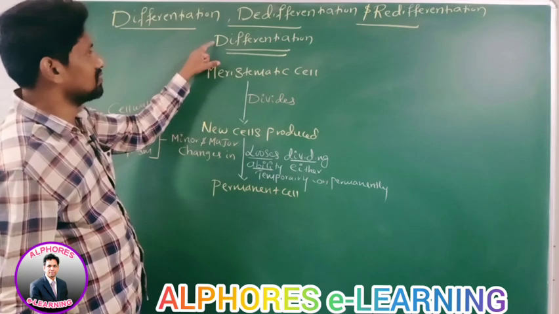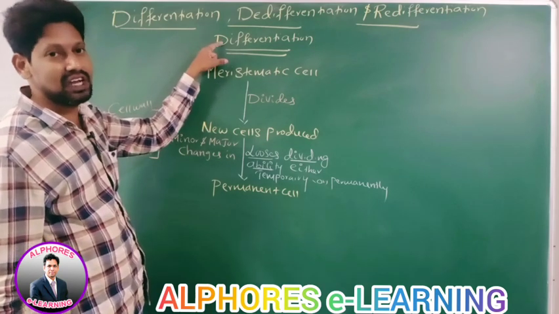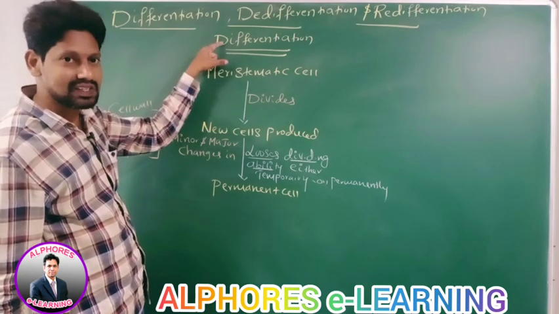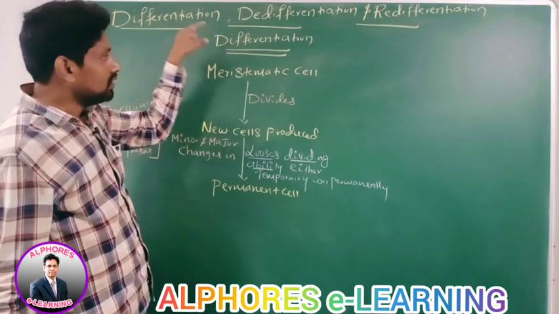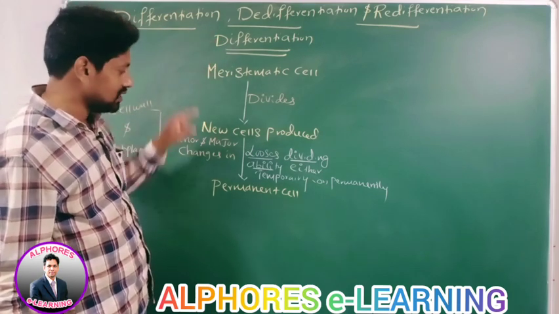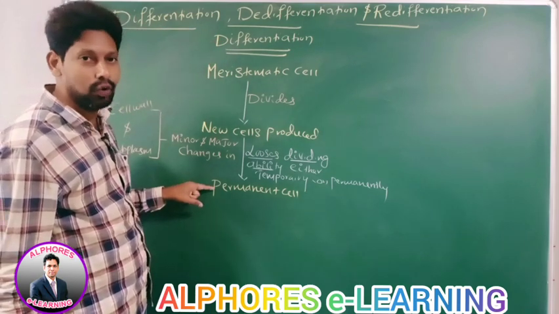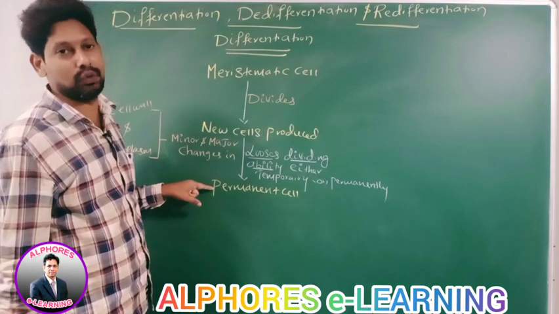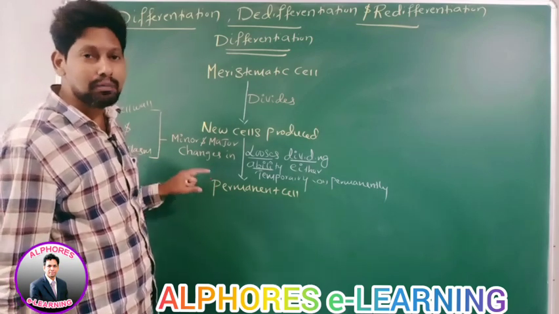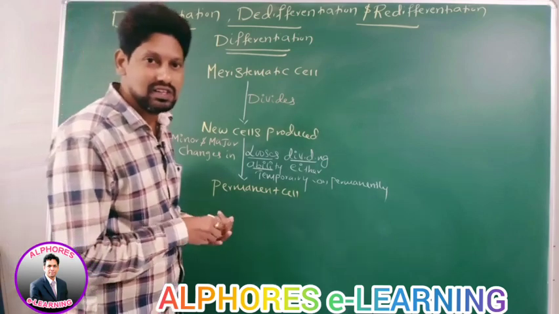This process is called what? Differentiation process. During the differentiation process, the permanent tissue formed is primary permanent tissue. Is this statement okay?